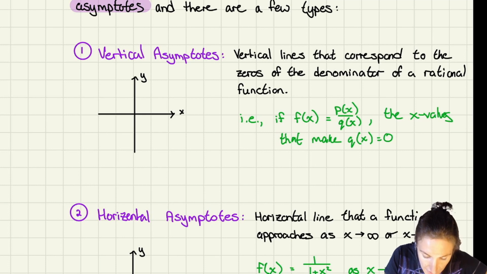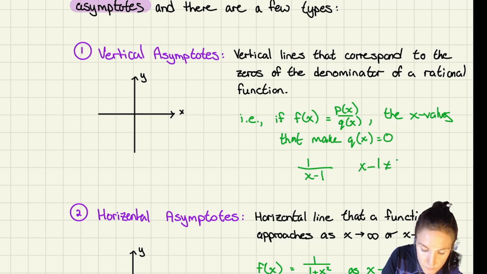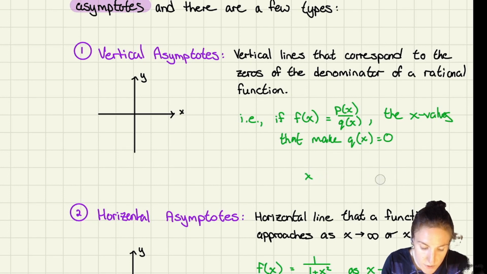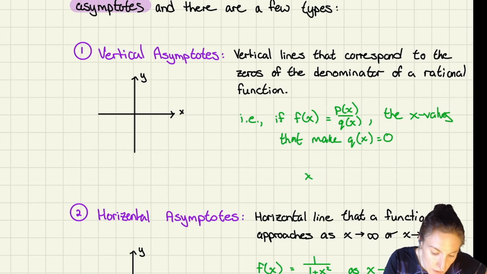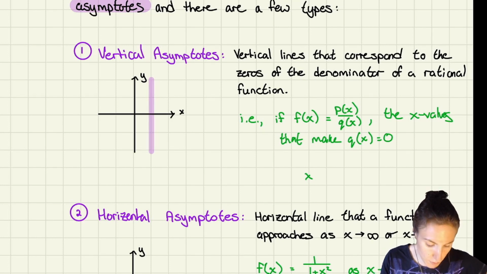Say we have a function where I have x minus 1 on the denominator. We don't want this to be equal to 0, which means in our case, x is not going to be able to equal 1. So we can almost think about it like we have a line at x equal to 1 that our function will never be able to pass. It'll never be able to go across there.